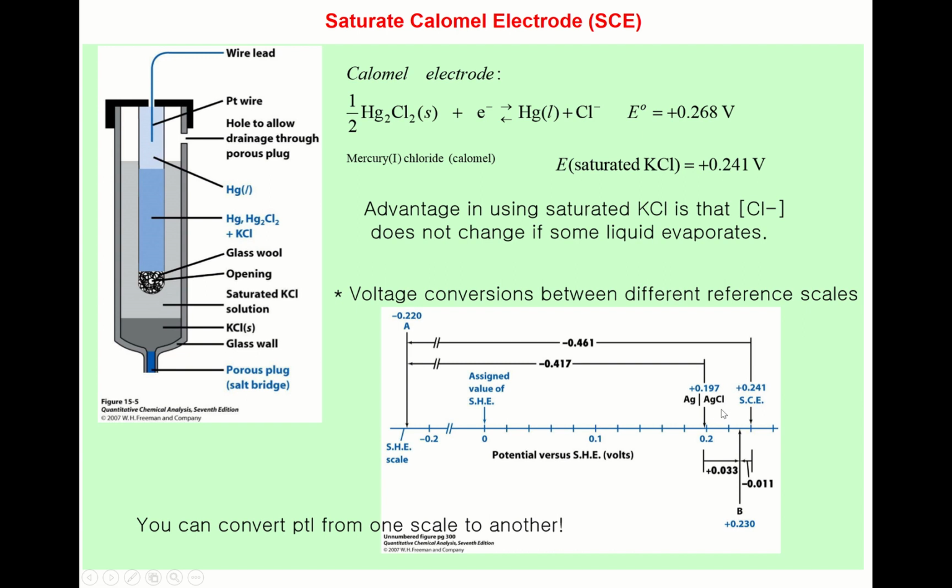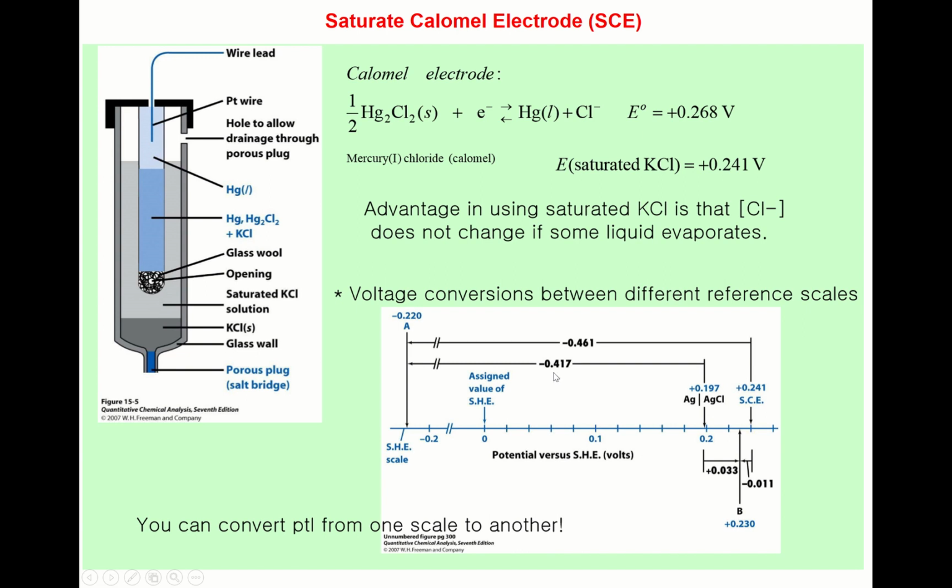To monitor an electrochemical reaction, you need a reference electrode and of course an indicator electrode, and you measure the potential difference. Say you measure minus 0.417 volt with respect to the silver chloride electrode.